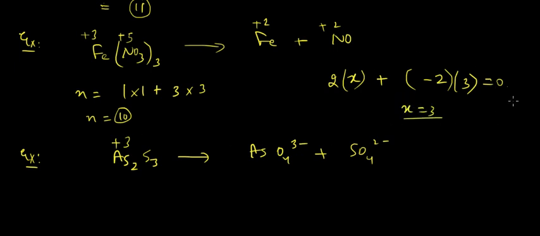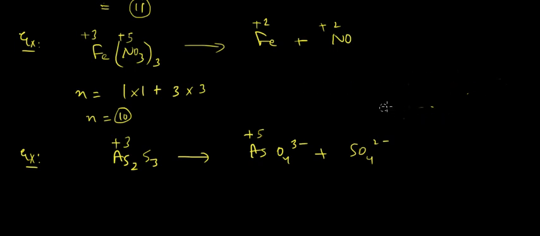So this is some basic high school maths I am using. Okay, so As goes from +3 to the oxidation state of As in AsO4 3-, which is +5. How am I calculating it? Again, just do the same with what you have been given.